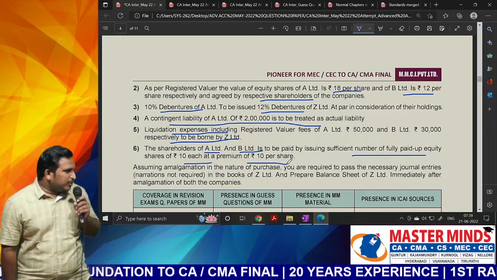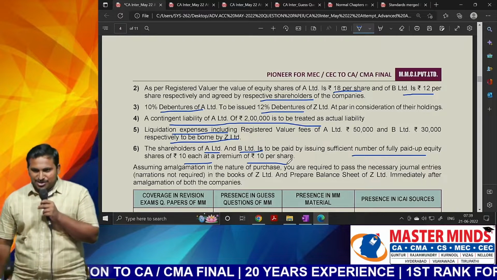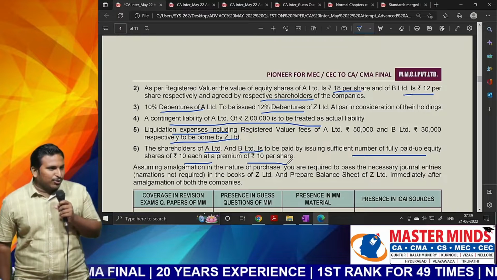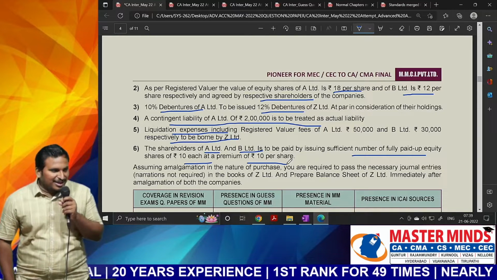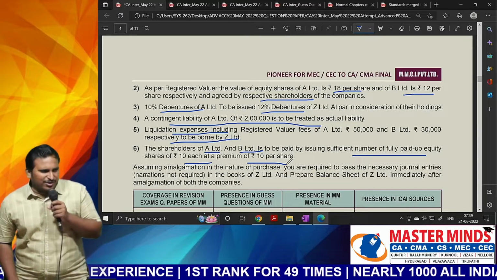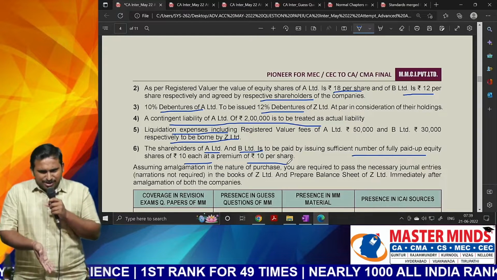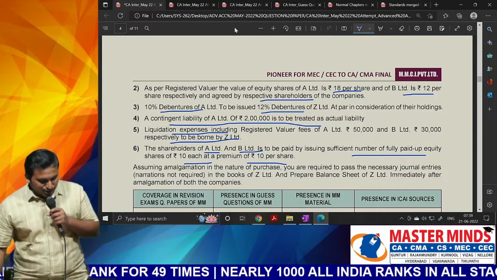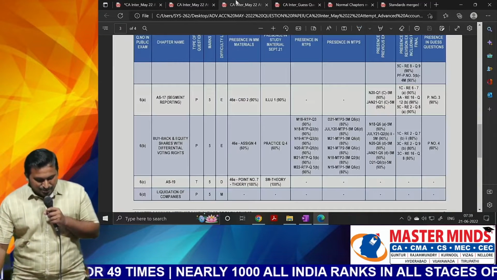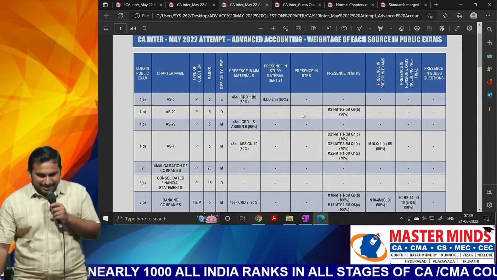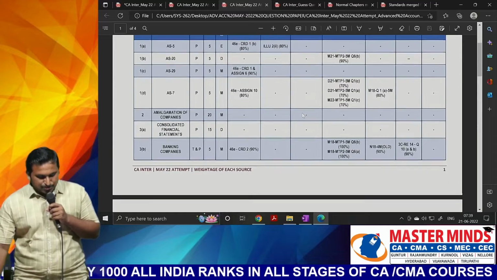This was the question. Any amalgamation question is mainly based on how you compute purchase consideration. If you compute it quickly, the rest of the question is almost simple adjustments only. But first, let me show you the source of this question, where it was covered in our material, ICAI, past examinations, MTPs or RTPs.